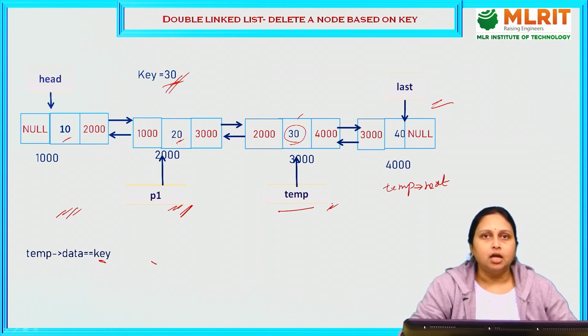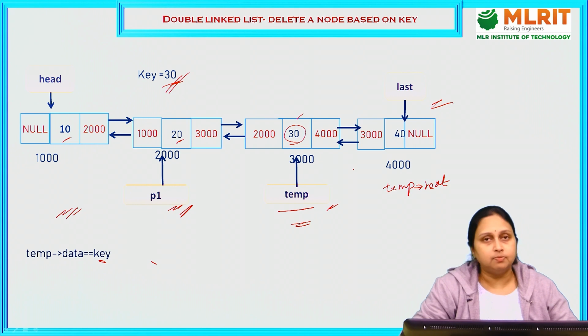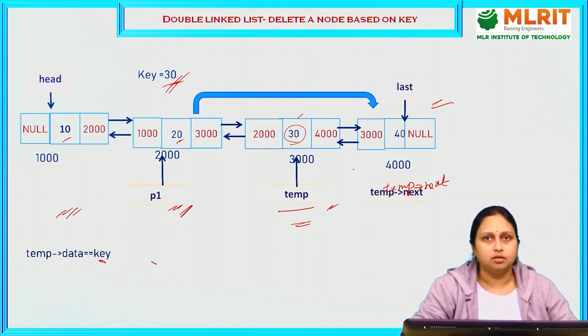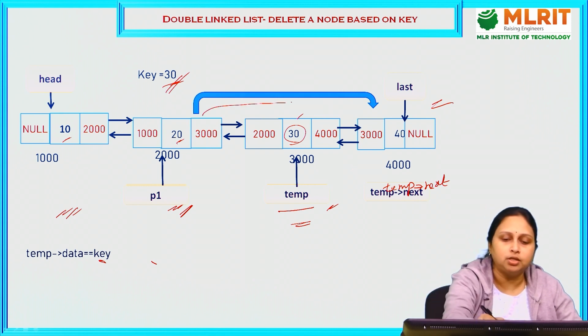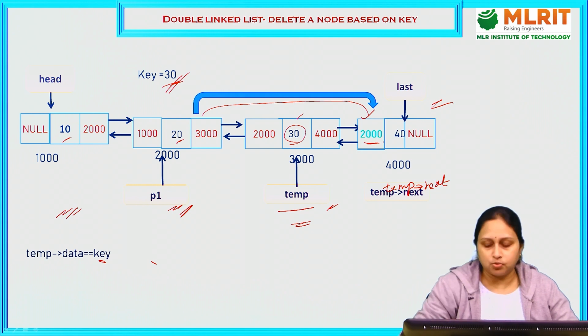Now I want to remove this node with 30 and make the connections. After removing this, I need to make the connection from here to here, and at the same time I am going to store the value of P1 into this location, that is 2000.